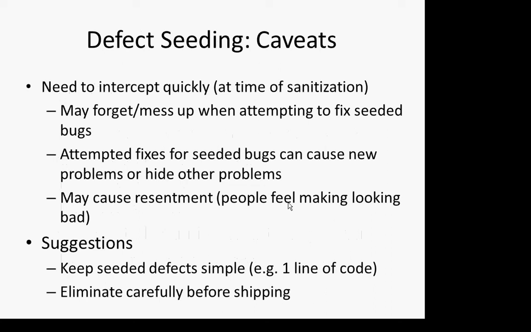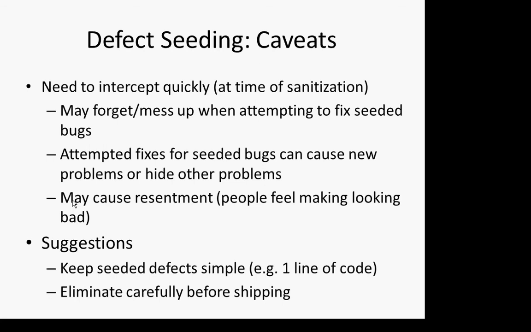Now, there are some caveats here. You want to keep them pretty simple, and there are questions about how representative that will be. You certainly want to eliminate them before shipping. You don't want people making added mistakes based on these defects, for example fixing them in wrong ways. They could also cause resentment. People are going to be spending hours debugging, and it's, oh man, you stuck that in, buddy.